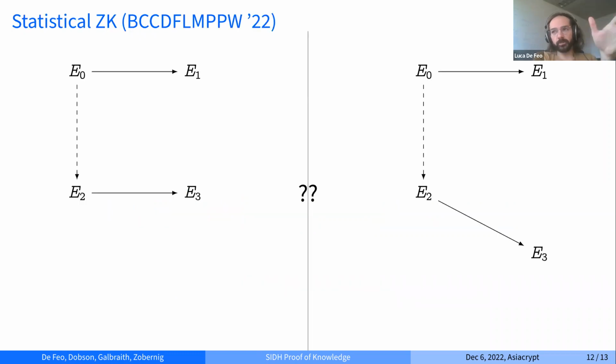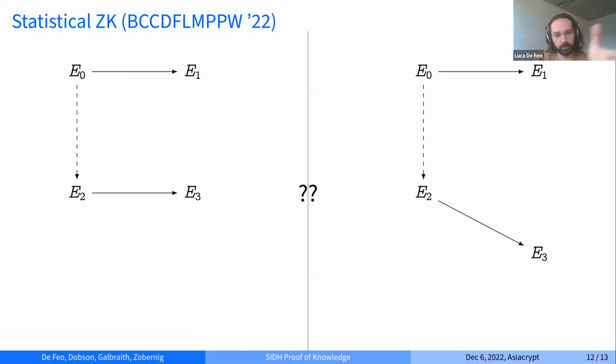Just a word on recent progress that's not in the paper, that has appeared recently on ePrint. There is a way to get rid of this DSSP assumption. The problem is that I want to distinguish between the correct distribution on the left, the distribution of parallel isogenies phi and phi prime, and the distribution of random pairs of isogenies, which may not be parallel.